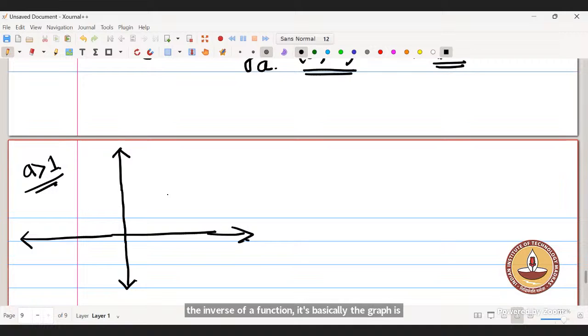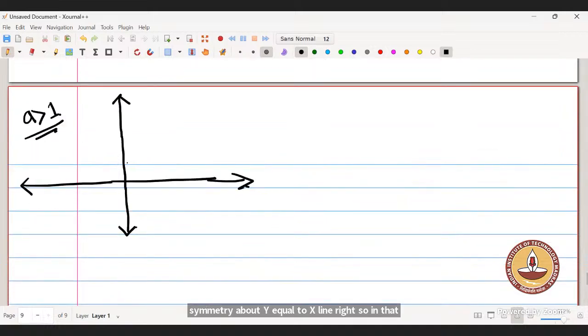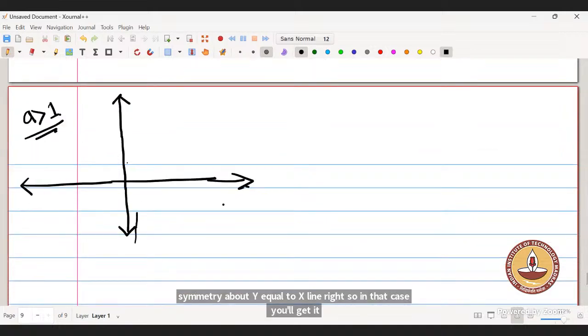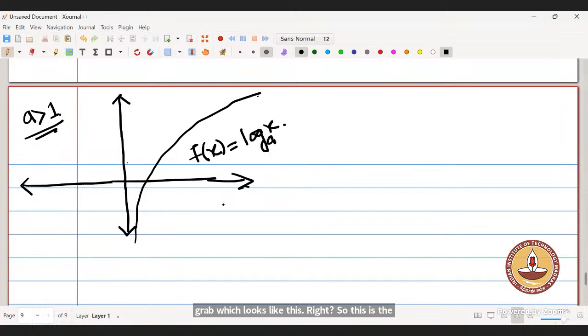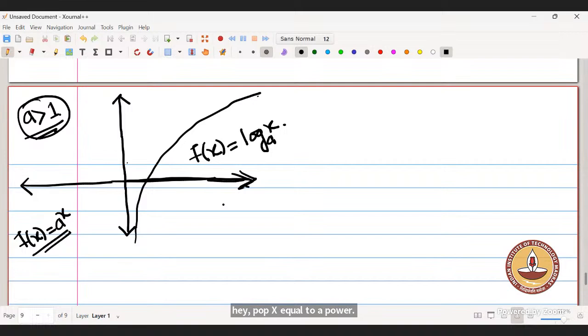So you will get a graph which looks like this. This is the graph of f of x equal to log base a of x. As you can see, this function is defined only on the positive side of the x-axis. And again, it's an increasing function, because f of x equal to a power x is increasing, and in this case the inverse is also increasing.